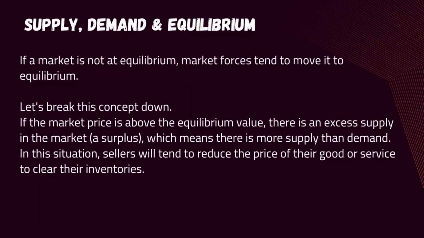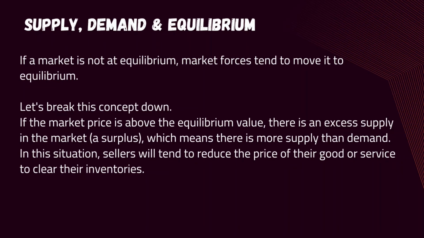Now, supply, demand and equilibrium, bringing all these topics together. If a market is not at equilibrium, market forces tend to move it to equilibrium. Let's break this concept down. If the market price is above the equilibrium value, there is an excess supply in the market, which means there is more supply than demand.